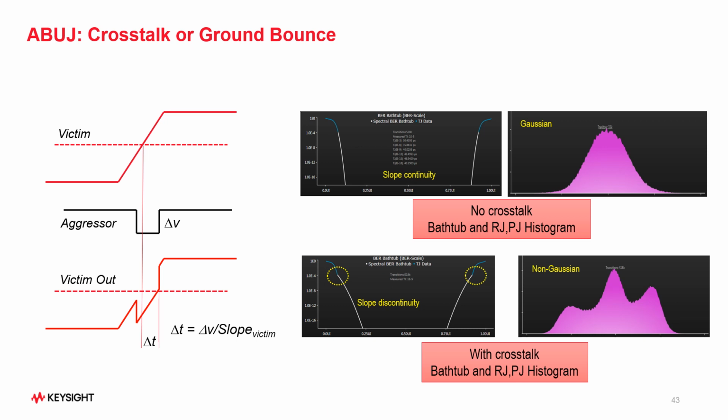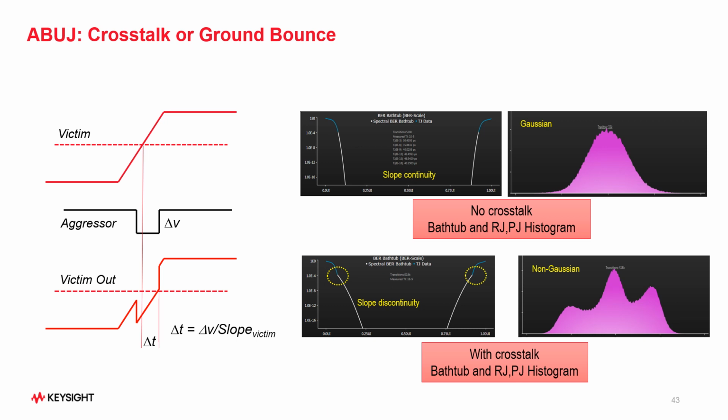So let's now spend a little more time on crosstalk and how it can affect the signal. On the left side you see a victim rising edge that's pretty clean, but once you have the aggressor, crosstalk can couple into the victim and change the shape of the edge. This is where crosstalk can affect the jitter measurement and slope discontinuity.